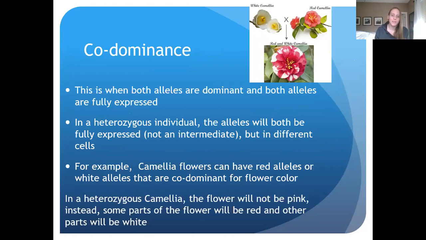So for example, there are these types of flowers that could be either red or white. The homozygous versions will be either red or white, and then the heterozygous version is red and white. So with incomplete dominance, the heterozygous individual would be pink. With codominance, the heterozygous individual is red and white, just in splotches.